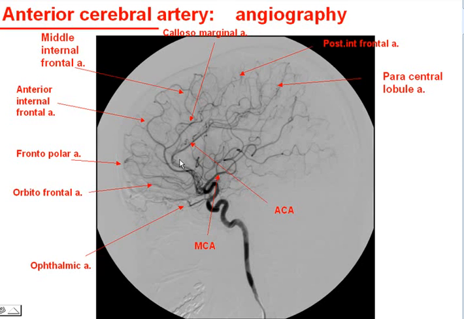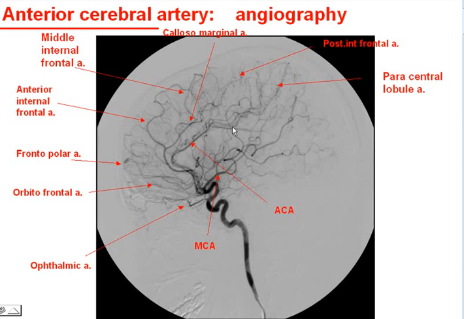Here's the anterior cerebral artery, the pericallosal branching pattern, and then this goes into the paracentral lobule, and then the interparietal lobule goes to the precuneus. And sometimes you can see a very straight pattern of artery coming out from this pericallosal artery.